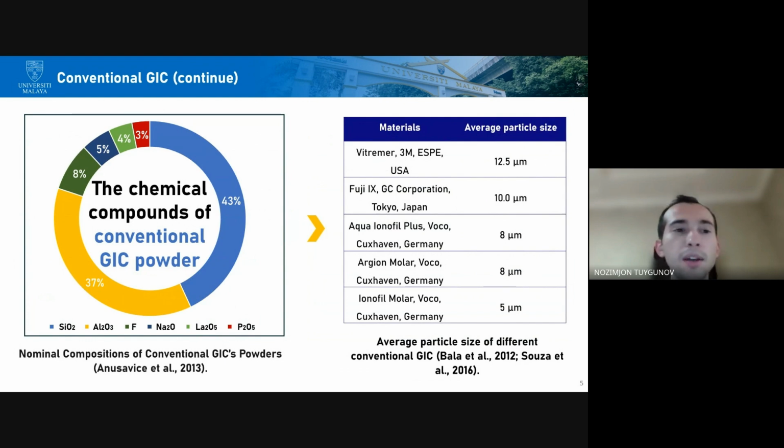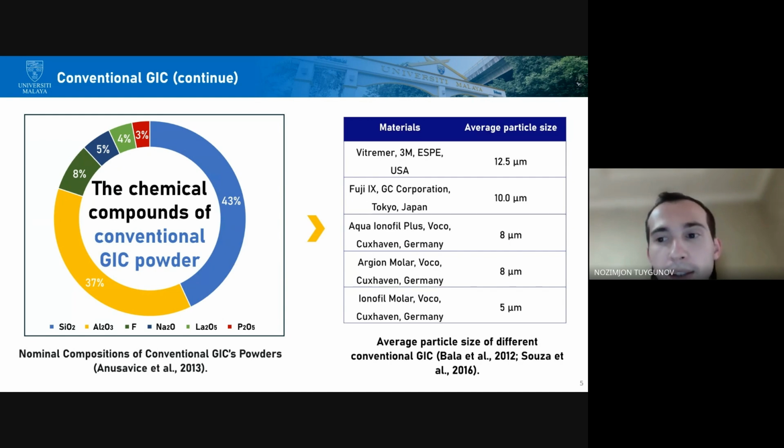If we talk about the chemical composition of conventional GICs, they consist of about 80% silicon oxide and aluminum oxide and 20% additional chemical elements, which might be fluoride-containing agents, sodium, and heavy metals like lanthanum.